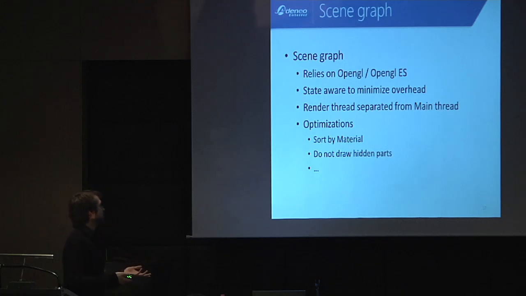So if you try to draw complex things or a lot of things in the traditional manner, without this acceleration, you may end up with performance problems. The scene graph is the answer to that, and using OpenGL is also the solution to that problem.